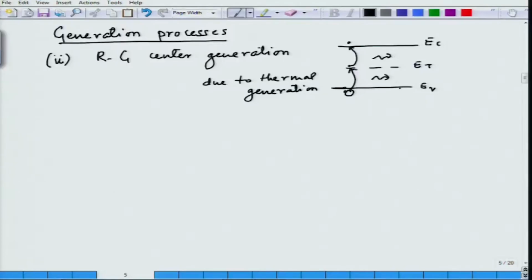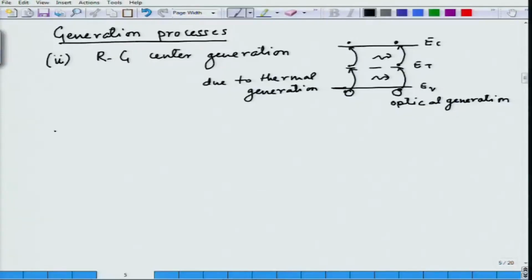Light absorption can also take an electron to the RG center level, and then another light absorption can take it to the conduction level, leaving behind a hole. So, there are two ways that one can have a generation of electron hole pairs through RG centers. This would be an example of optical generation. So, the process as you can see is exactly the reverse of RG center recombination.